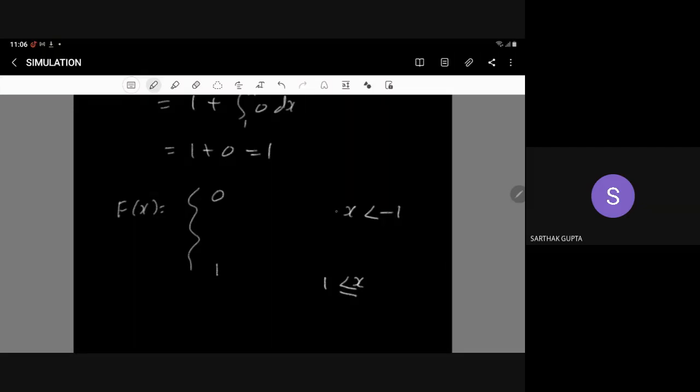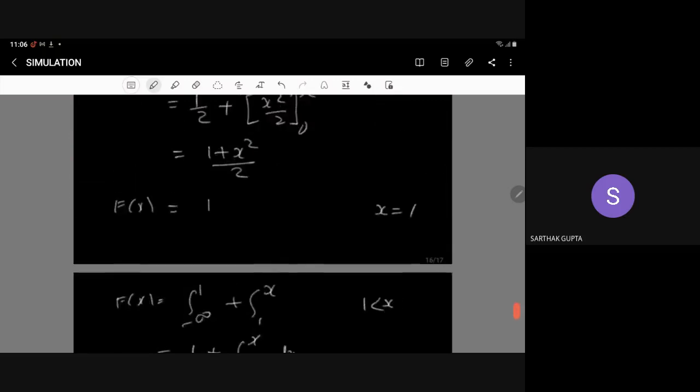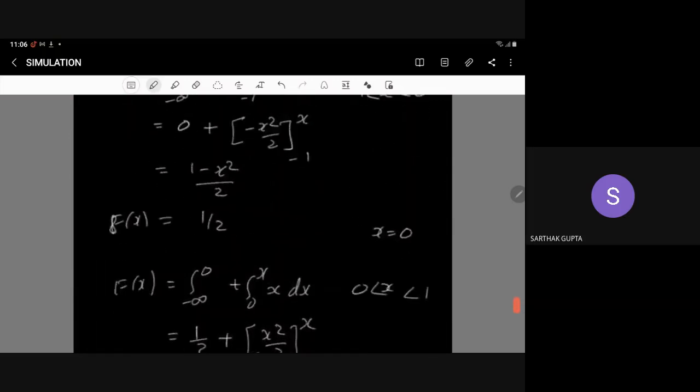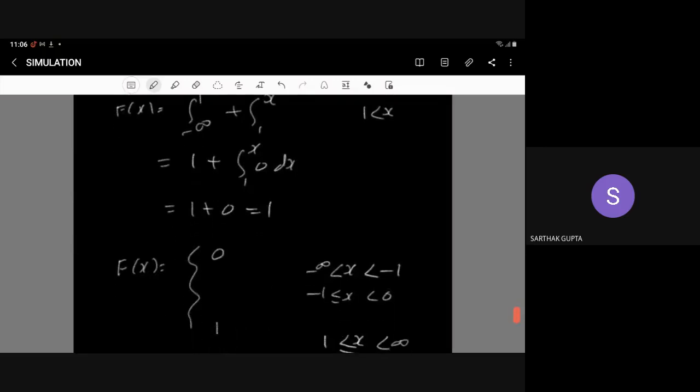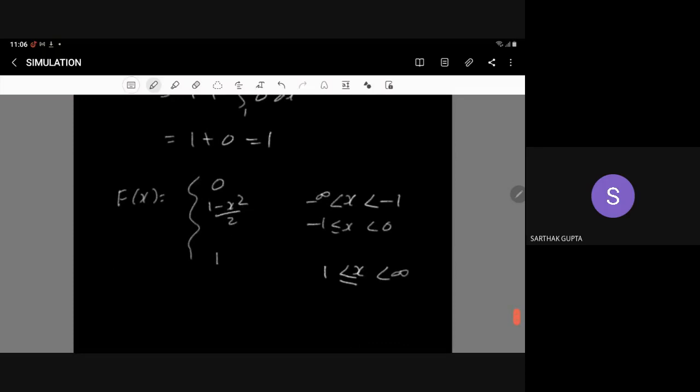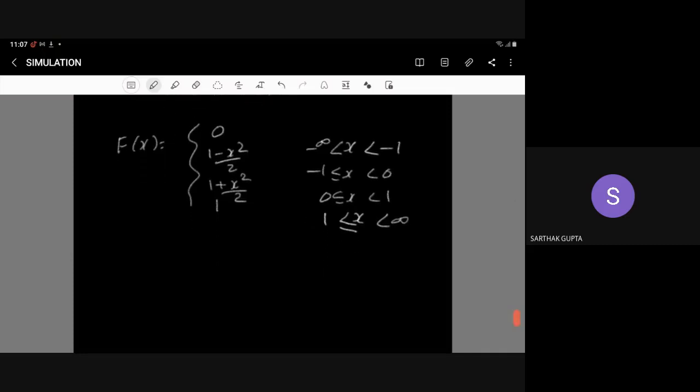From here you can see the range is from minus infinity to infinity. For the range -1 to 0, we have computed Fx as 1 minus x square by 2, and for the range 0 to 1, it is 1 plus x square by 2. So in this way we can compute the CDF.